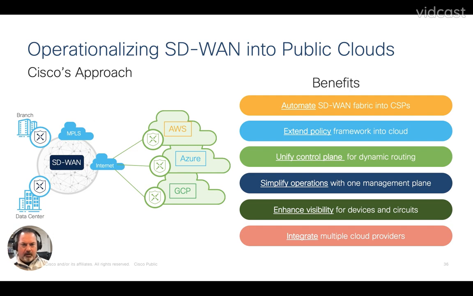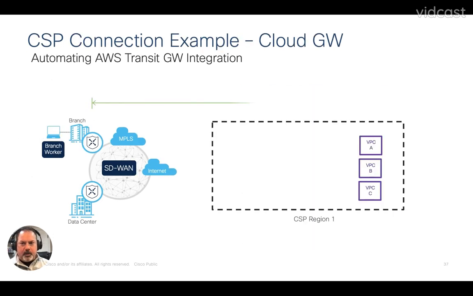And you can see the benefits here: getting that virtual SD-WAN edge device into the fabric quickly, extending our policies, making it part of the management plane, automatically getting it as part of the routing capability, unifying that control plane, and basically simplifying everything with a simpler integration approach.